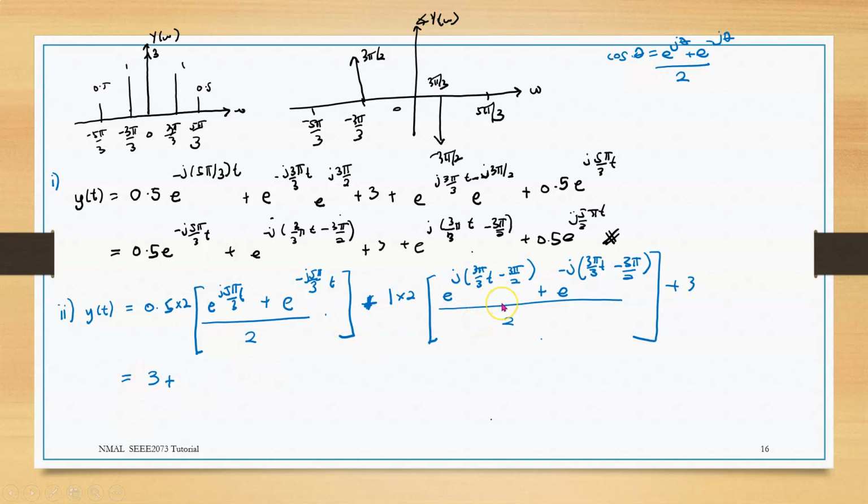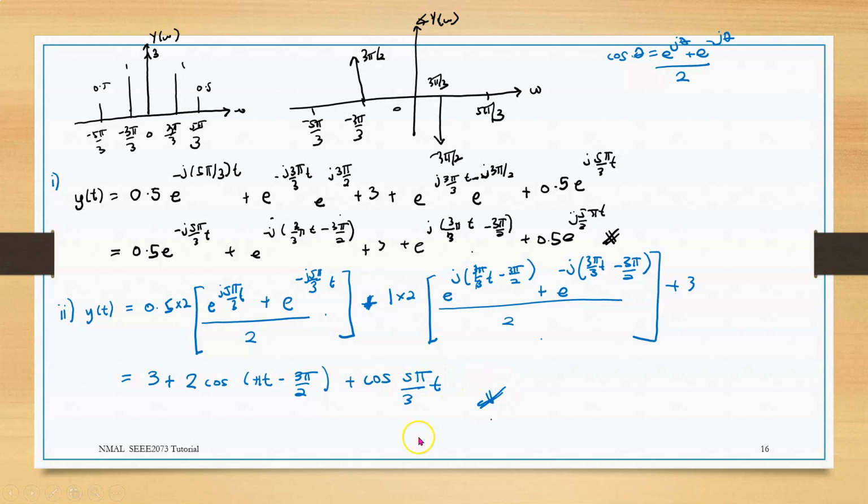This part becomes 2 cos pi t minus 3 pi over 2, and then plus 0.5 multiplied by 2 is 1, so it becomes cos 5 pi over 3t.